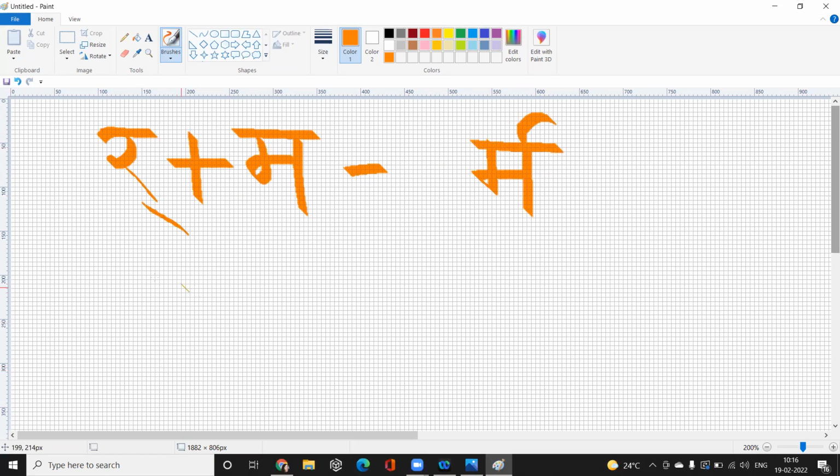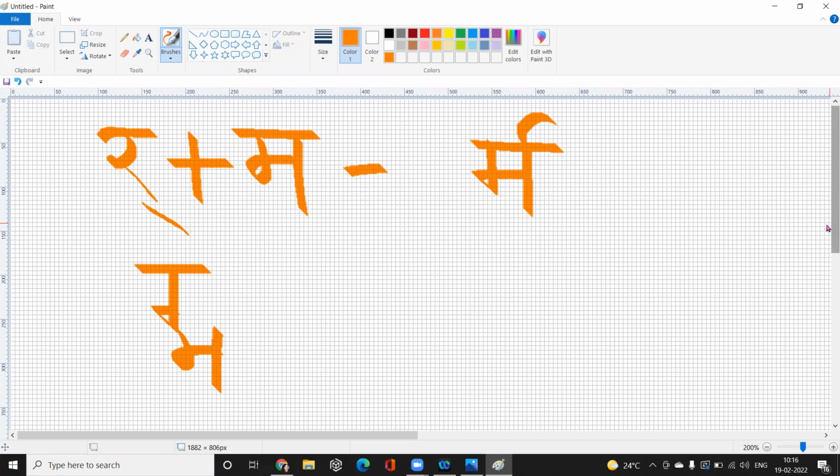Right? In Sharda, this matra R would come on the top here. And then the ma, since this belongs to category C, would be written on the right hand side.